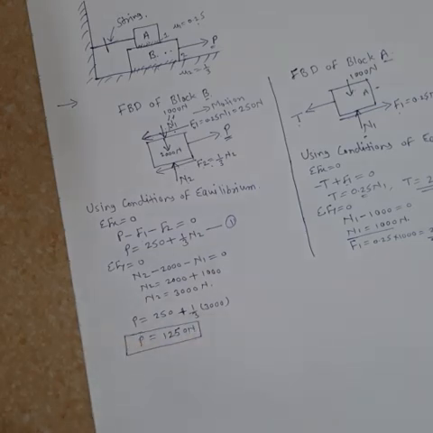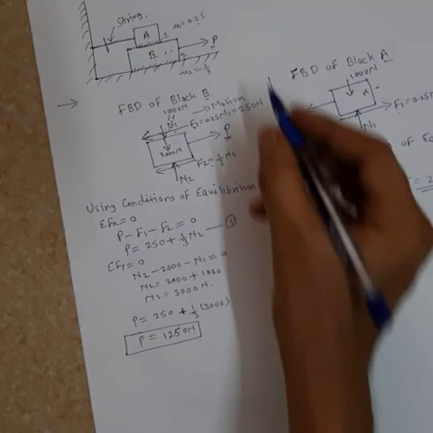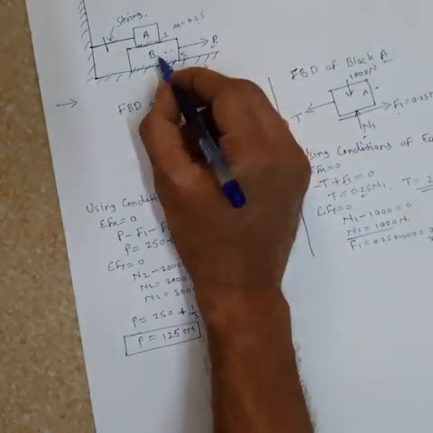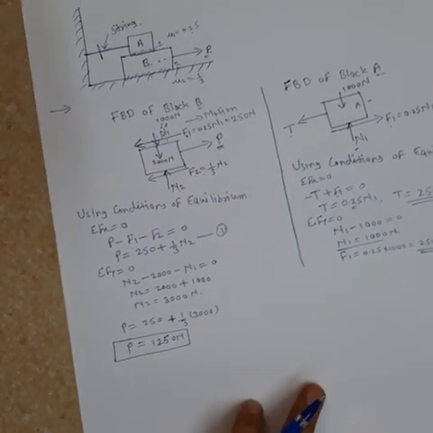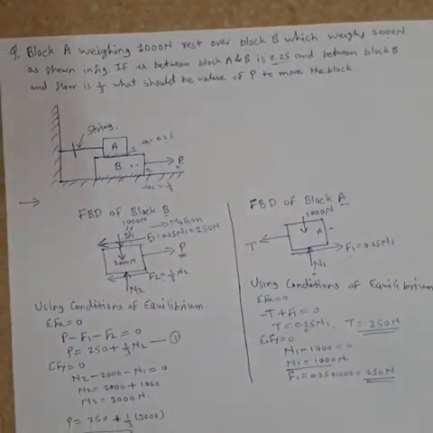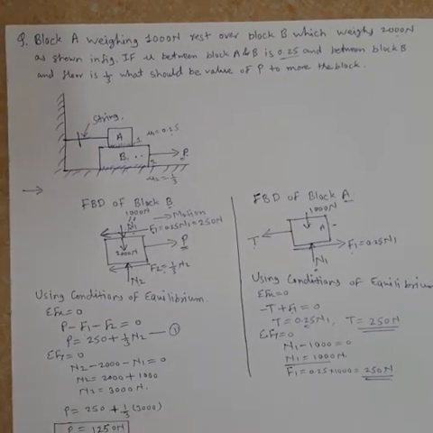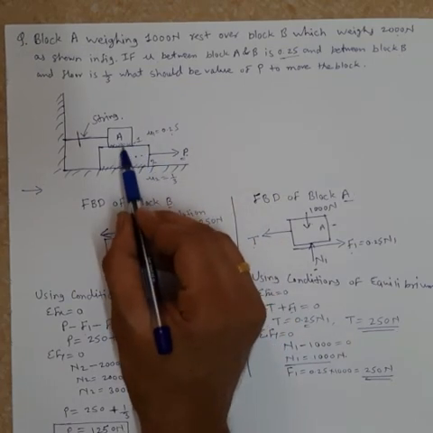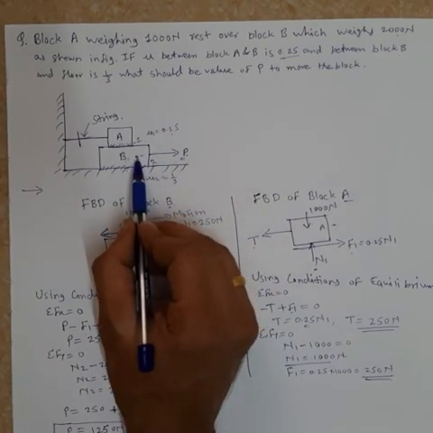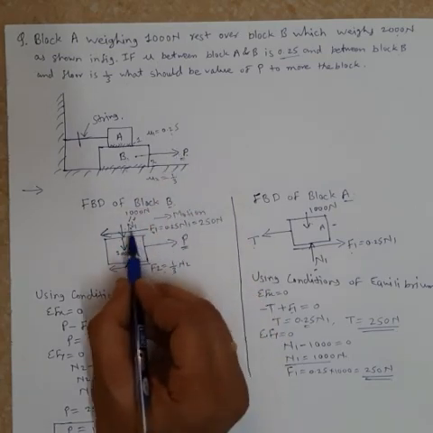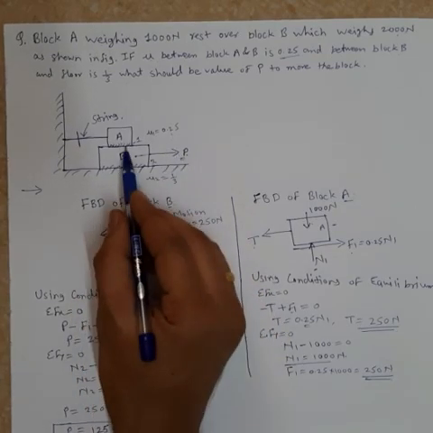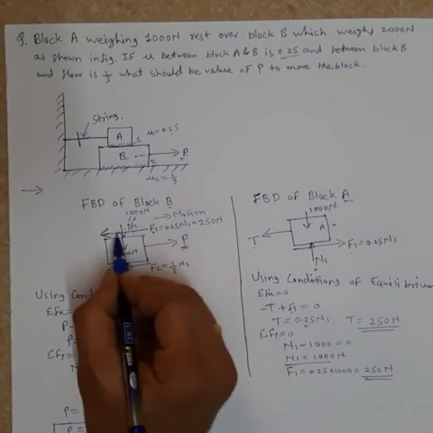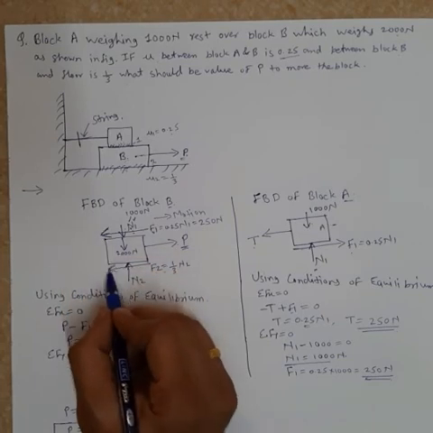So when we applied force of 1250 Newton at this point P, then this block B will start moving towards right. So in this numerical, the important point to be noted is the friction between A and B and the FBD of block B. So at point A and B, when this block B is going to move towards right direction, both its friction, between block A and B surface 1 and between block B and the floor surface 2, will oppose the motion, so that will be towards left direction.